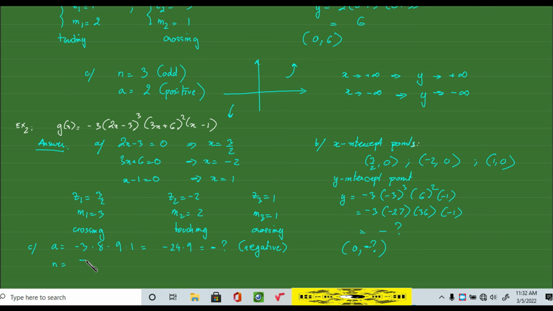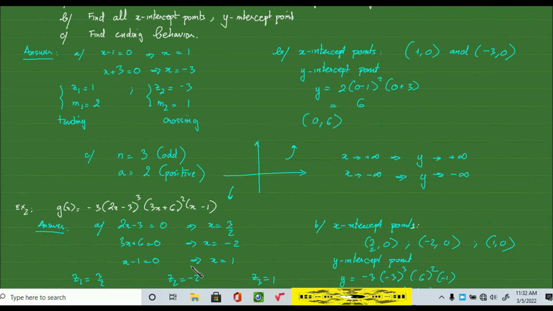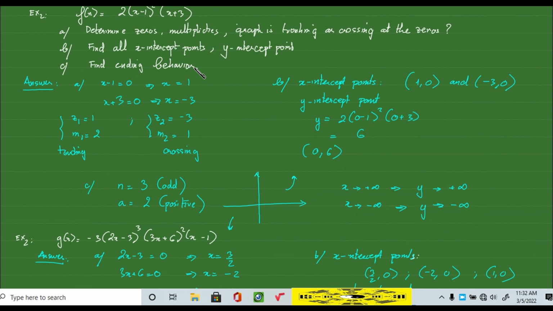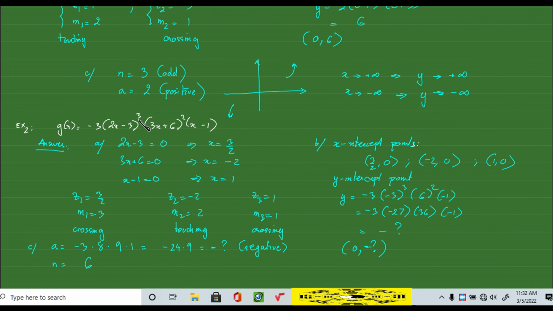So the n value will be 6, sorry, 3 plus 2 plus 1 is 6. Last time it was 3 because it was 2 plus 1. But this time 3 plus 2 plus 1 is 6. So n is even.